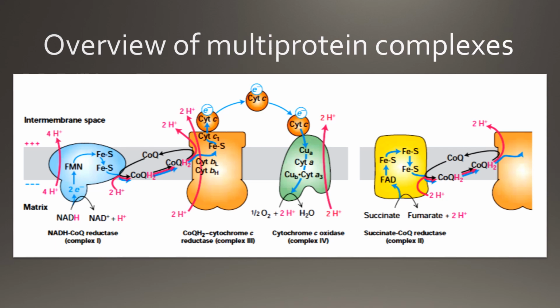Thus, for every pair of electrons transported from succinate to O2, 6 protons are translocated from the matrix into the intermembrane space. Coenzyme Q and cytochrome C function as mobile carriers in electron transport from both NADH and succinate.